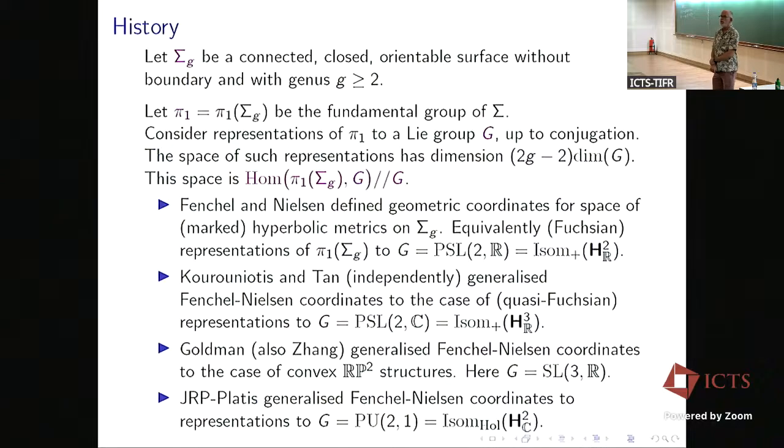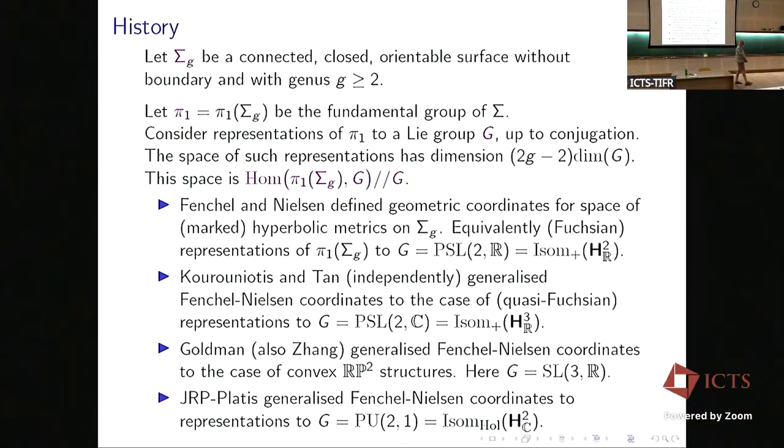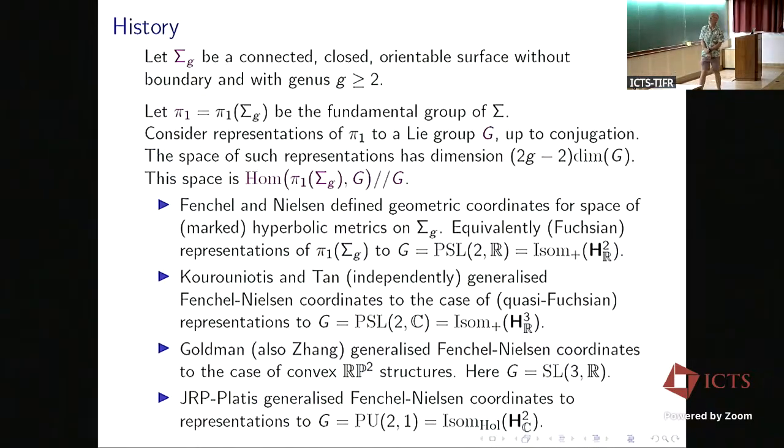So we don't have quite an exact date for this, because I don't think there was any dating on the manuscript. Various versions of the manuscript were floating around, and eventually it was published maybe around about 20 years ago. But that was way after both Fenchel and Nielsen were no longer with us. But sadly, before they finished this book, Nielsen died.